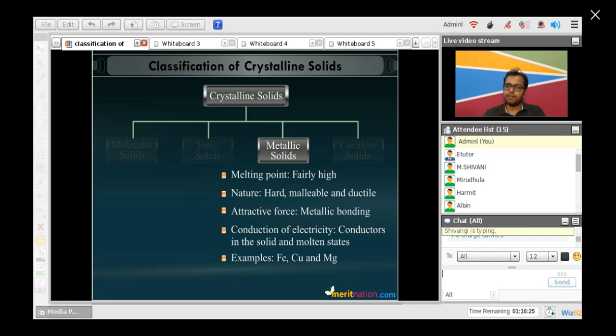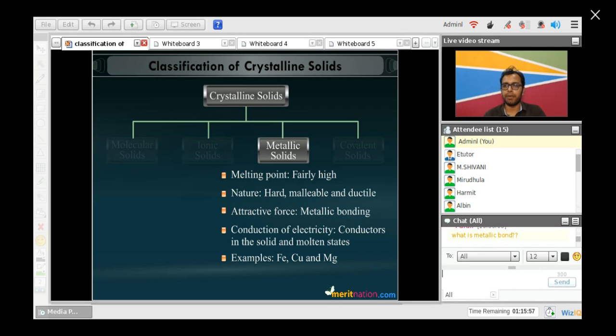See, in the case of molecular solid, the force lying within the molecular solid was either dispersion force, hydrogen bonding, or dipole-dipole force, right? In the case of metallic solid, you will observe a metallic bond. And metallic bond is stronger than the dipole-dipole interaction or the dispersion force.